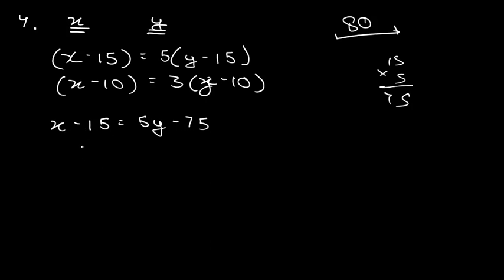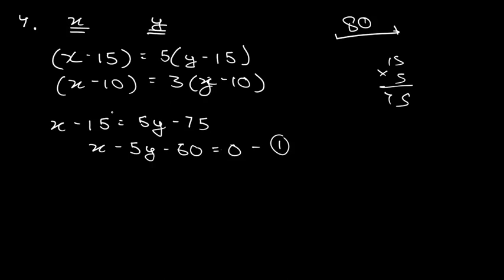We can simplify this further: x minus 5y, and then minus 75 plus 15, equals 0, which gives x minus 5y plus 60 equals 0. So this will be our equation number 1.